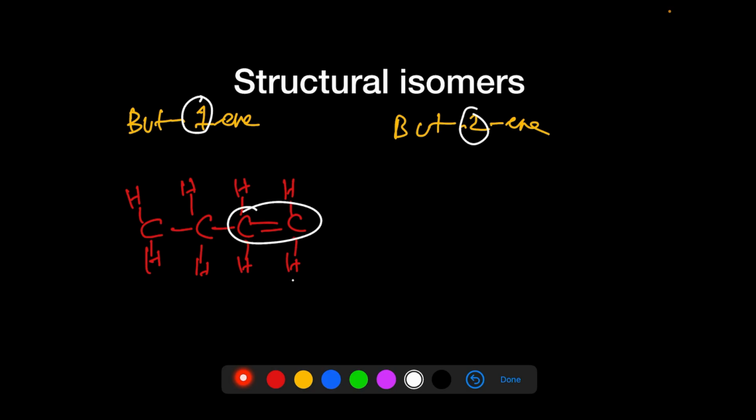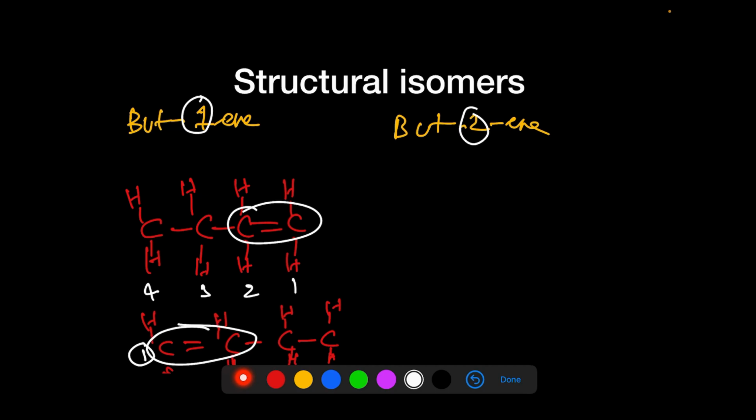We have to count from the lowest value: 1, 2, 3, 4. You can draw it this way or that way, and it is on the first position as well if you count from left to right. You basically have to count to the lowest value.